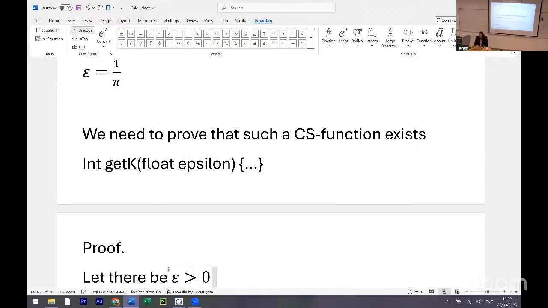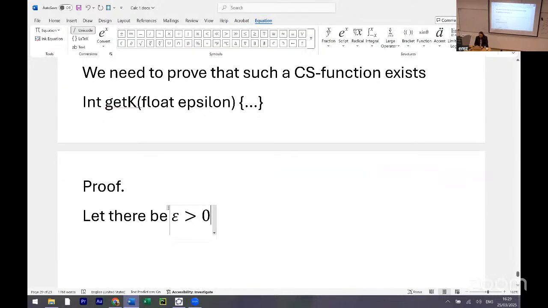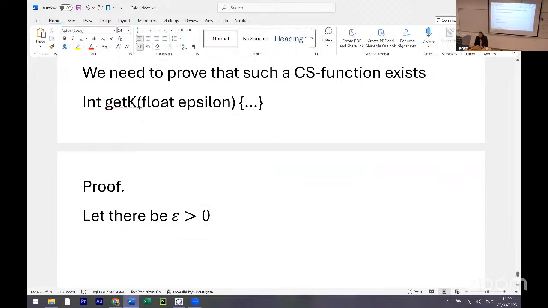Let there be a positive epsilon given, an arbitrary radius of an area.